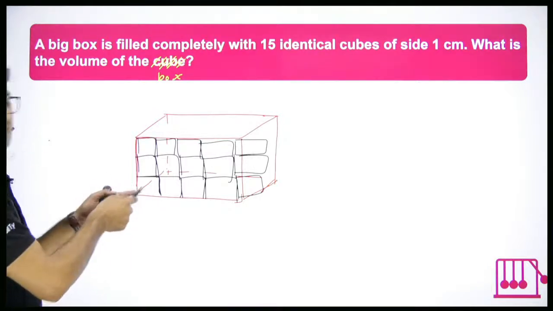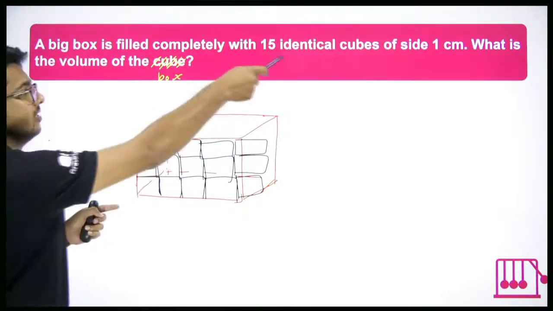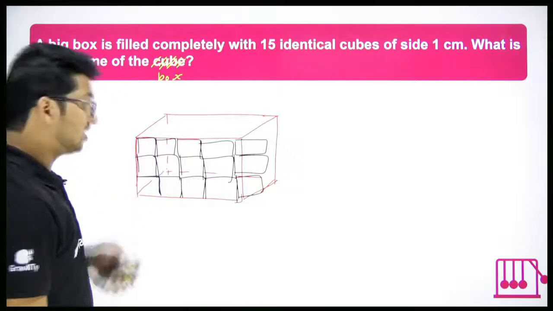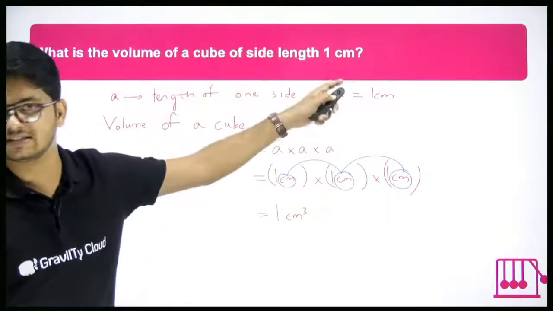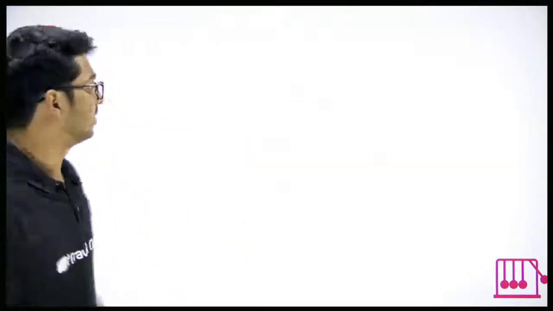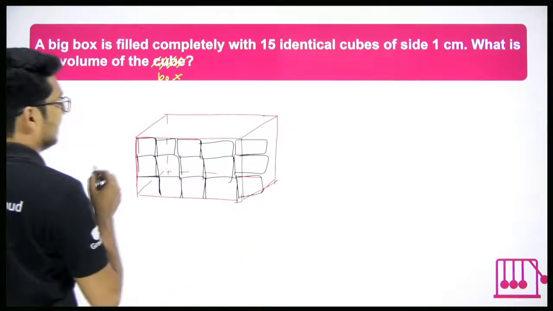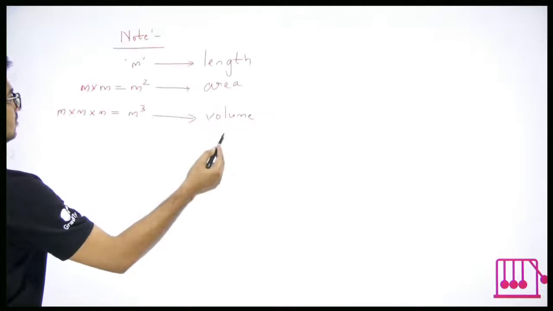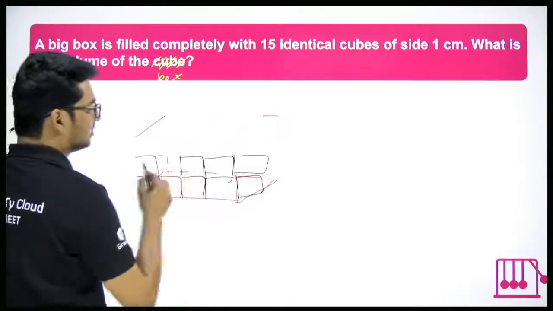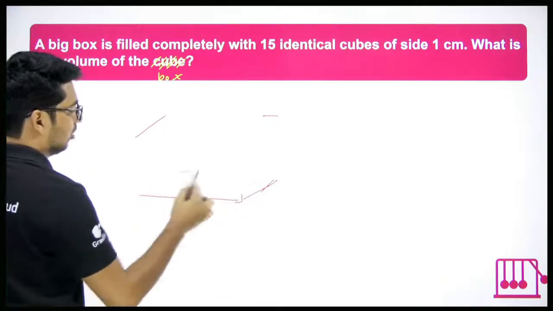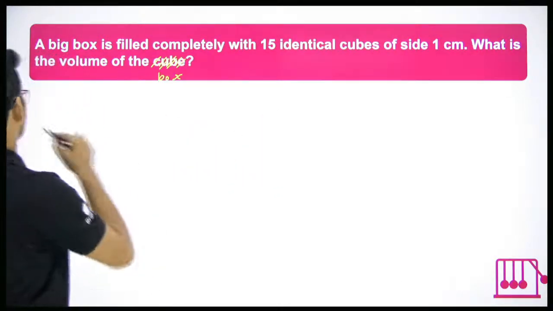One small cube will have how much volume? Side is 1 centimeter. Just before this we got that. The volume of a cube of side length 1 centimeter is 1 centimeter cube. That means I can clearly say that one small cube has a volume of 1 centimeter cube.